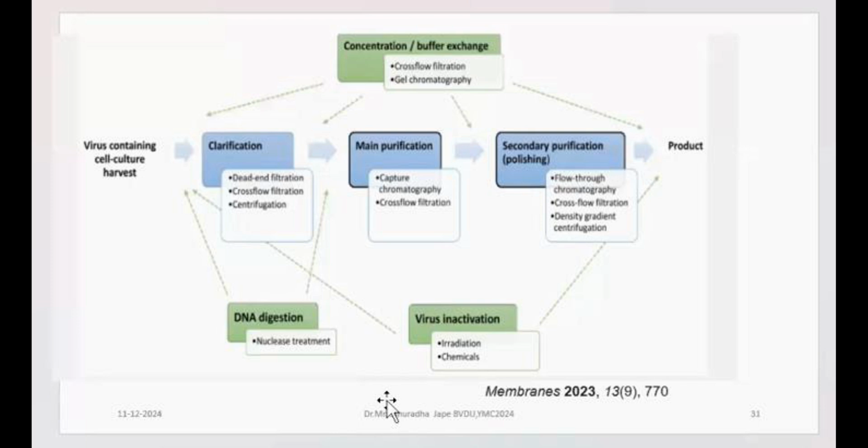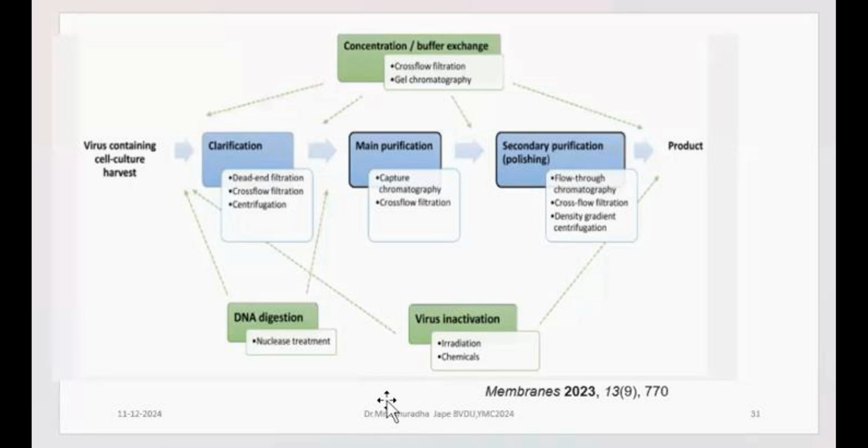When we are talking about chromatographic approaches, there are different techniques available, and for a particular product you have to decide or develop the optimum possible method.